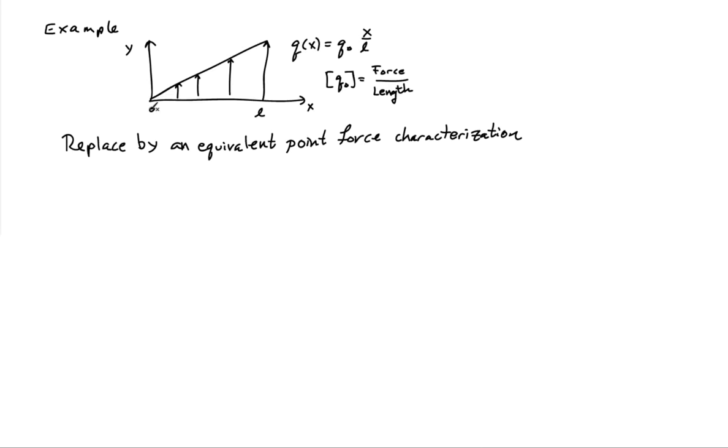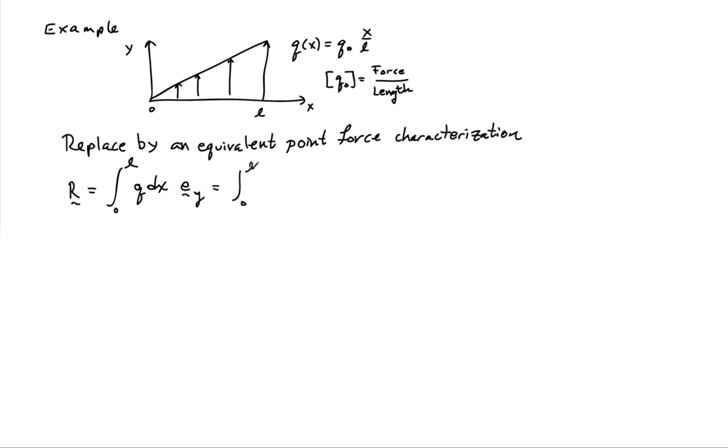So first let's figure out what the total force is, and then we'll figure out where to place it. The total force in this case is going to be the integral of Q dx integrated from 0 to L times Ey. That's the direction that the load is being applied.